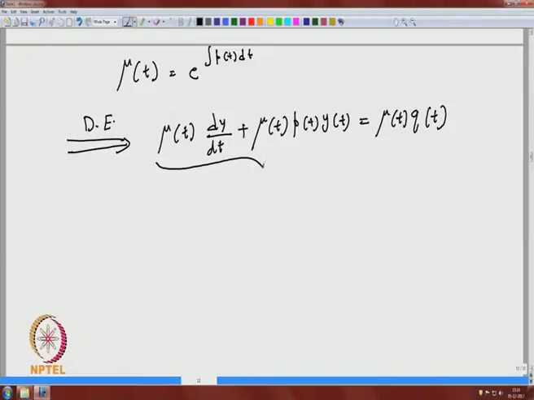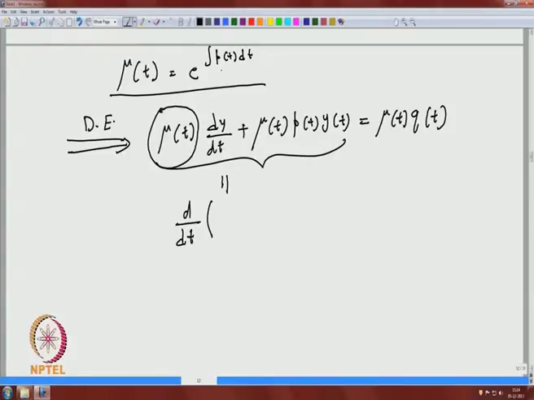And this is what we have done now. With this choice of mu t, this will become d by dt. You cannot take arbitrary mu t, you have to have this one. This form you are all probably familiar with, but then you see mu t into y t. So, you have the integral, that is your h t, mu t into q t.